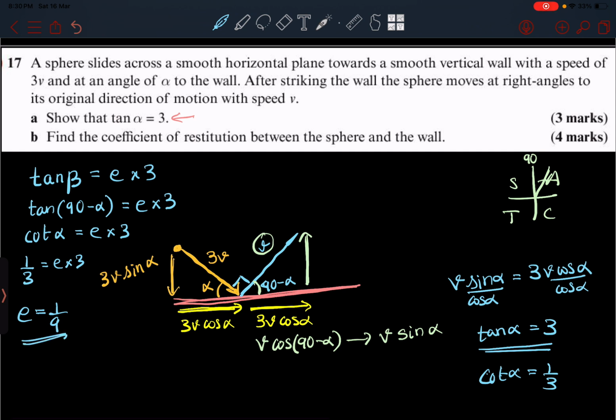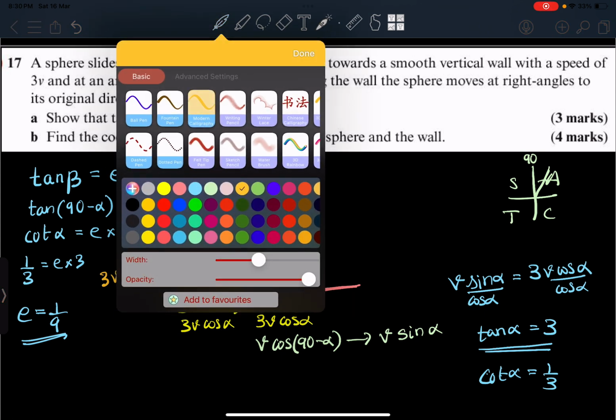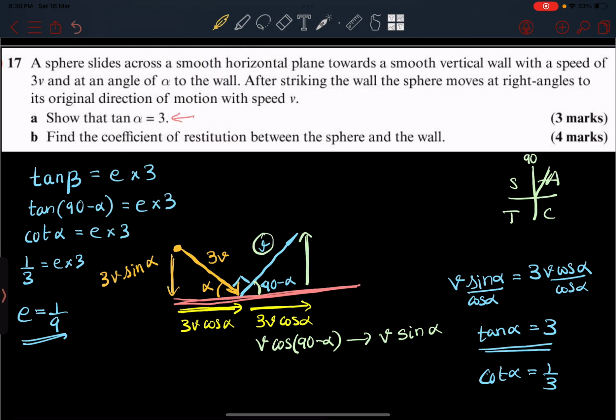Now I think there are other ways of doing this. I can find that the perpendicular component here would be E times 3v sine alpha.